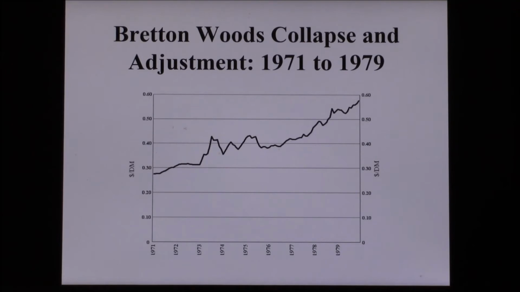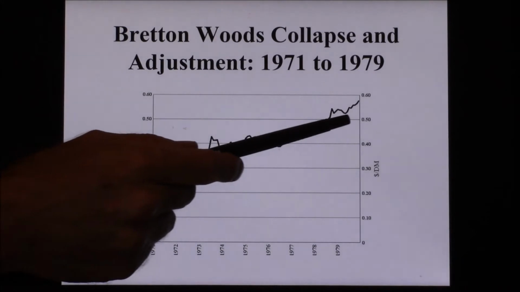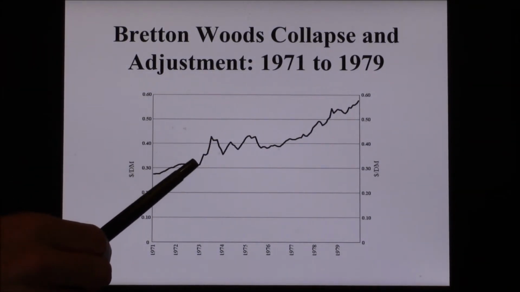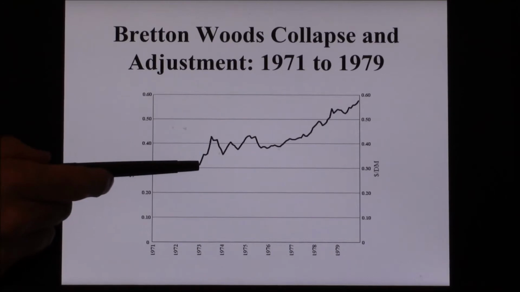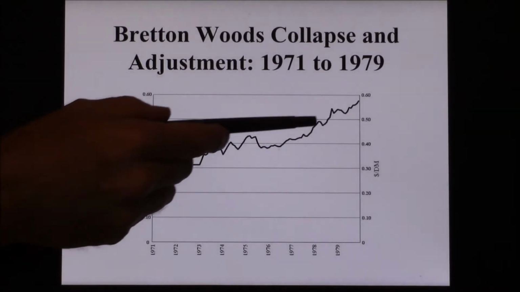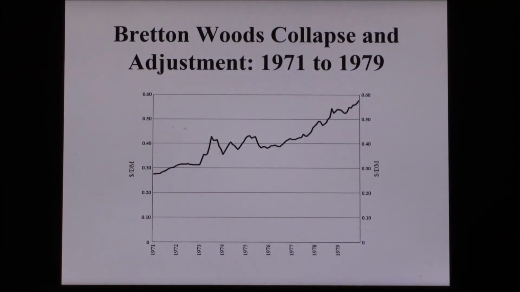That's a whole other story that I would cover in a longer semester, and not a COVID-infected one. Oh, and by the way, going up here means that the dollar is depreciating because it's more and more dollars per Deutschmark. But then notice, we quit Bretton Woods, wham, the dollar just collapses. And then it's a little mixed in here, but generally speaking, it's falling all the way up to about 1980.